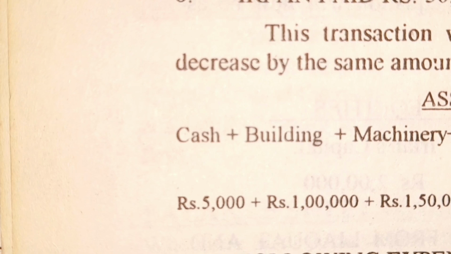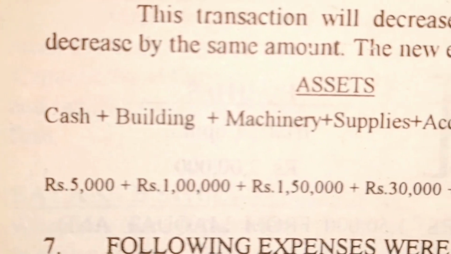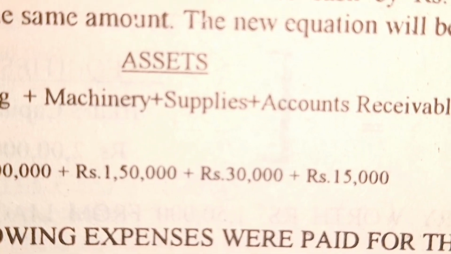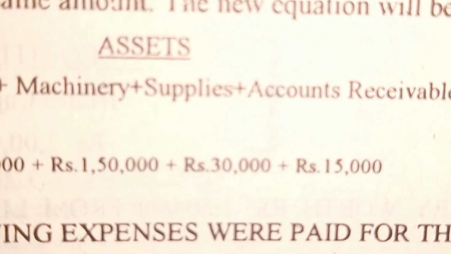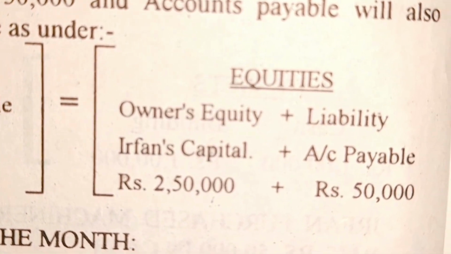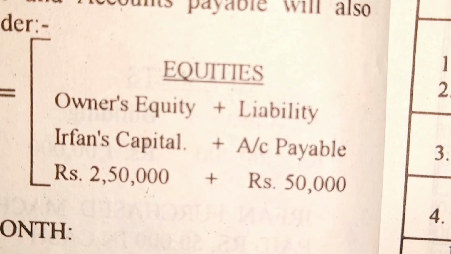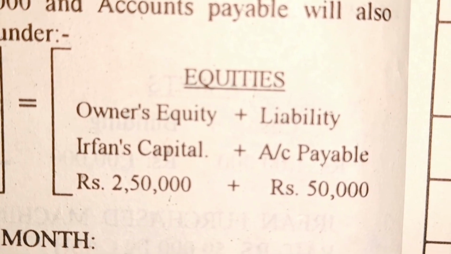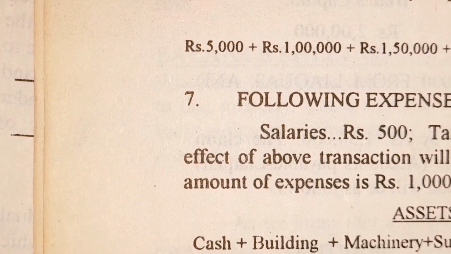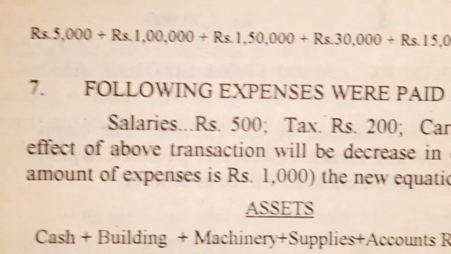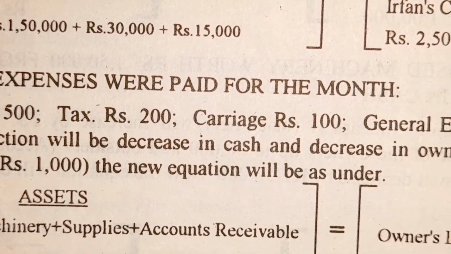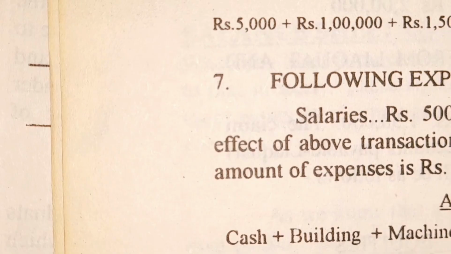Assets, cash rupees 5,000, building rupees 1 lakh, machinery rupees 1,50,000, supplies rupees 30,000, accounts receivable rupees 15,000 is equal to equities, owner's equity, Irfan's capital rupees 2,50,000, liability, accounts payable rupees 50,000.